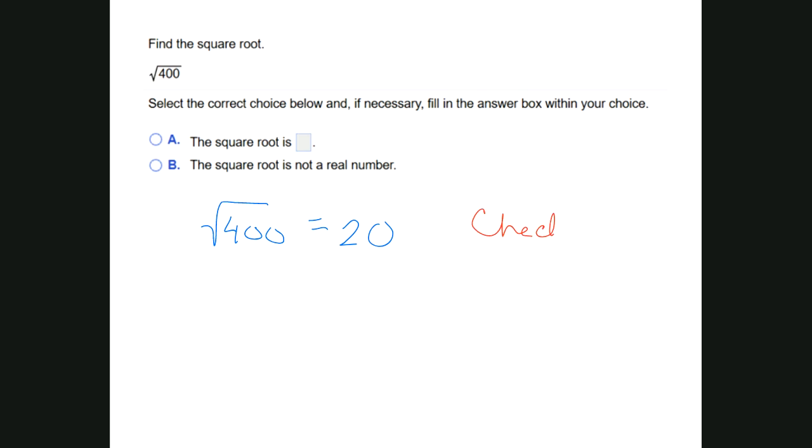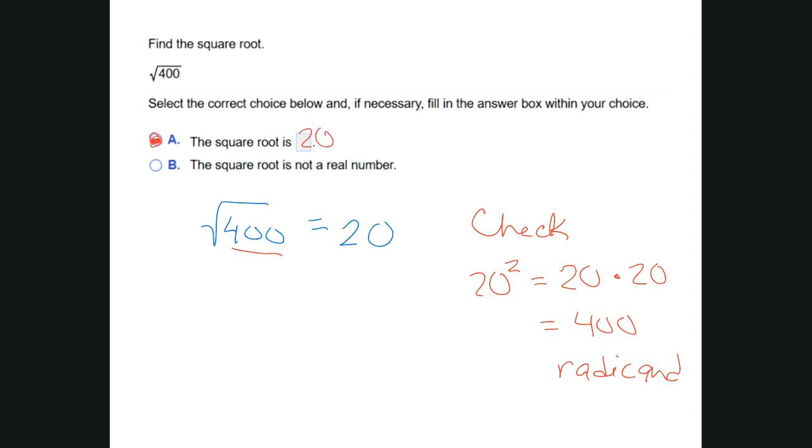You would take your result 20 and raise it to the second power. 20 times 20 will give us 400, which is our radicand, the number underneath the radical symbol. So the answer for this one, the square root, is 20. Notice there's no radical symbol in the answer. It is just the number 20.